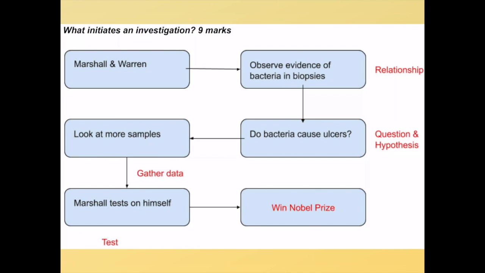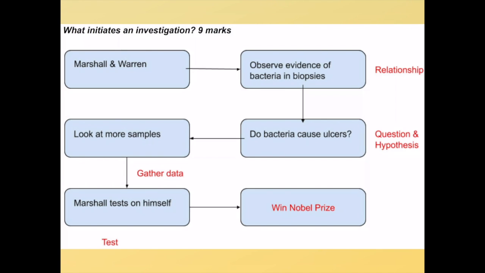If the question was what initiates an investigation, worth 9 marks, you say, okay, I know Marshall and Warren observed bacteria in biopsies from gastric ulcer patients. Then they asked, do these bacteria cause the ulcers? They looked at more samples. Marshall tested it on himself, and they won a Nobel Prize. If this was a 9-mark question, you're possibly looking at 3 to 4 marks just for this.